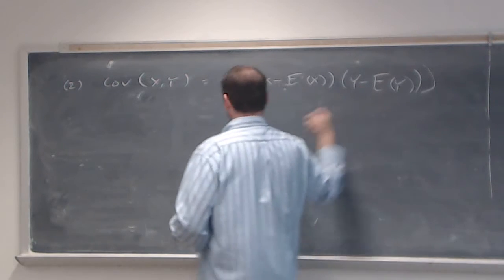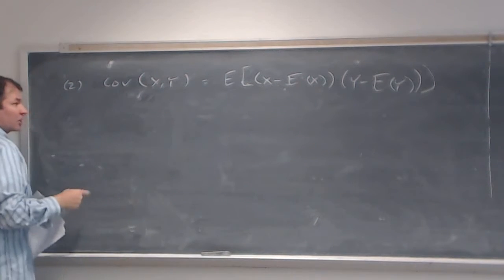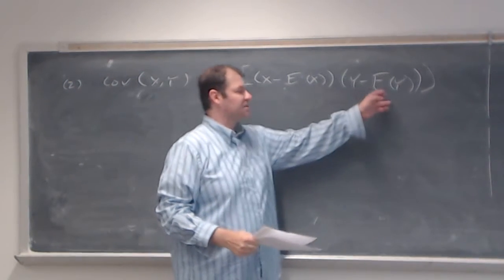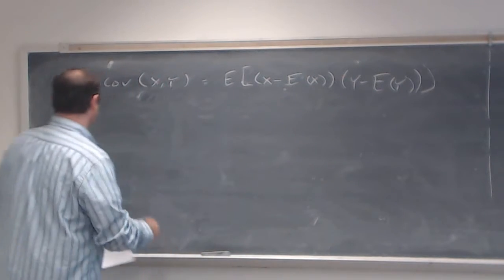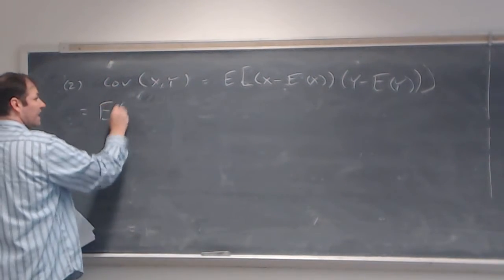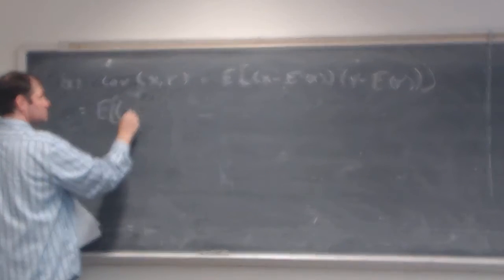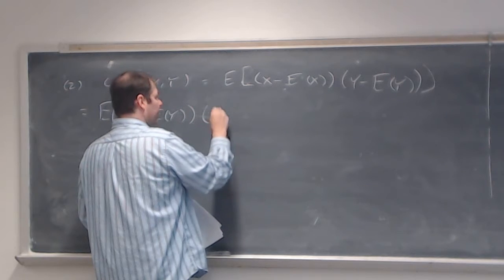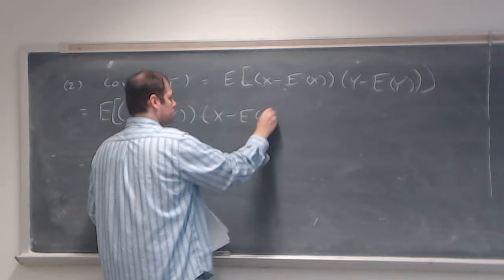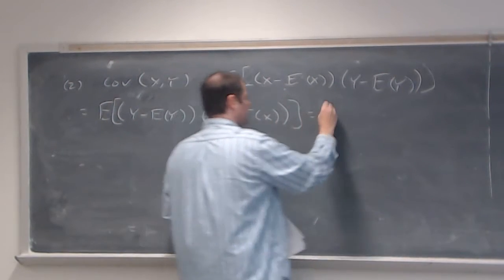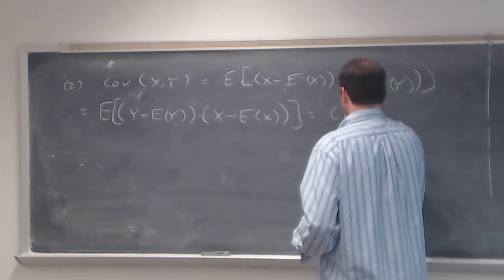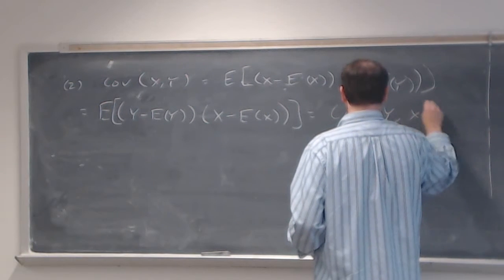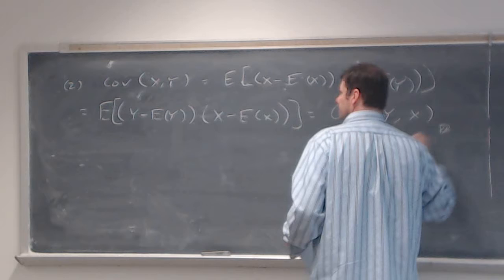But this is a multiplication. We multiply two algebraic quantities, first times the second. That's the same thing as the multiplication of the second with the first. And that's equal to the covariance of y with x. So that ends part 2.